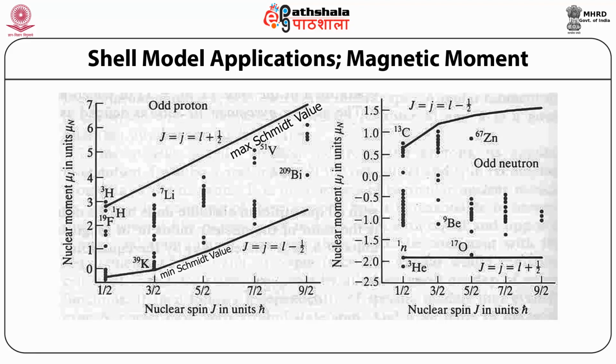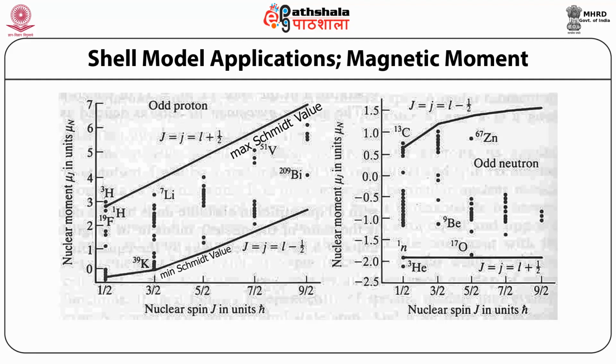These are the extreme values, whereas the observed values for most of the nuclei fall within these two lines. It means the experimental values are found to be different than what they should be as per the shell model, or we can say that the experimental values fall within these two limits. There are only few exceptions where this rule is not followed for odd proton nuclei.